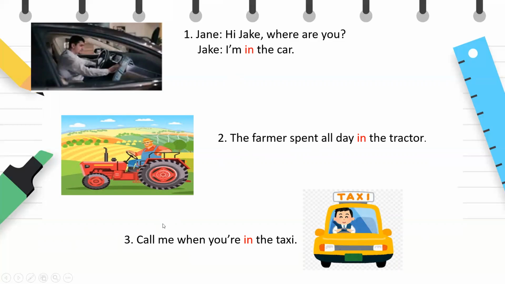Number 3. Call me when you're in the taxi. So, taxi, tractor, and the car are all smaller vehicles where you can just sit inside and you cannot move around while the vehicle is in motion.